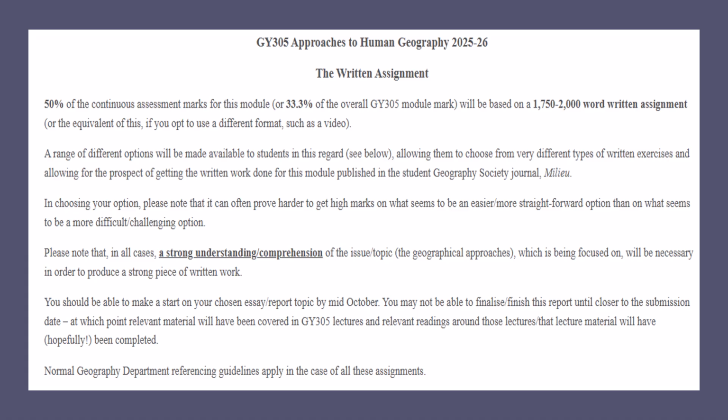But ultimately, no matter what approach and option you go for, no matter what method or format you use for your report, whether it's a video or one-act play, there has to be a good degree of content. If it's all style and no substance, then that's going to be a problem.